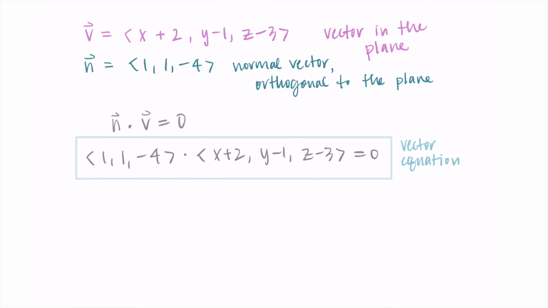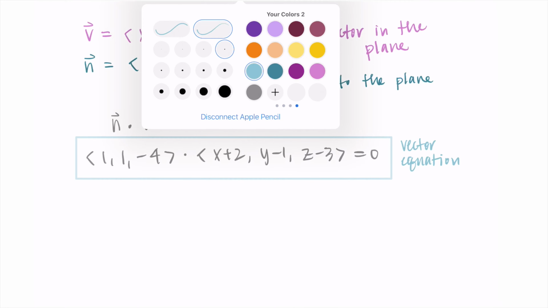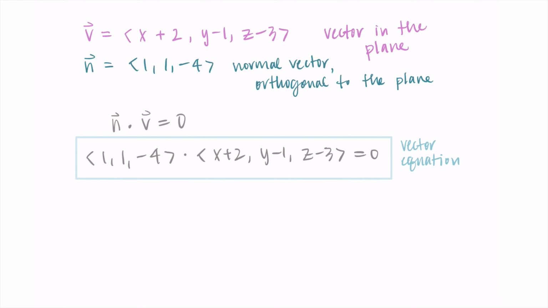Cool. So to find the scalar equation, that was the other part, we just need to actually compute this dot product. So we just need to do the operation and then maybe simplify it a little bit. So to do the dot product, I multiply the x components, the y components, and the z components, and then I add them all together.